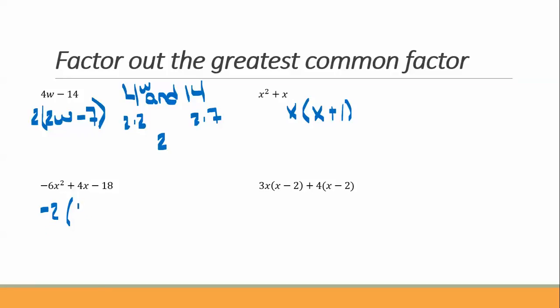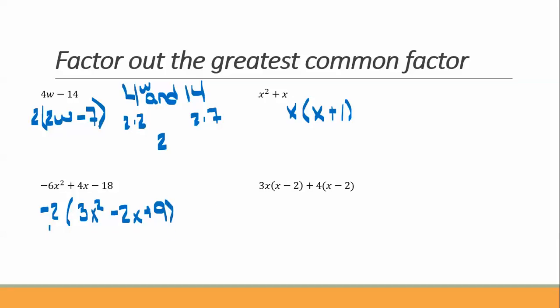We need to multiply that by 3x squared. What do we need to multiply negative 2 by to get positive 4x? We need to multiply that by negative 2x. What do we need to multiply negative 2 by to get negative 18? We need to multiply that by plus 9.